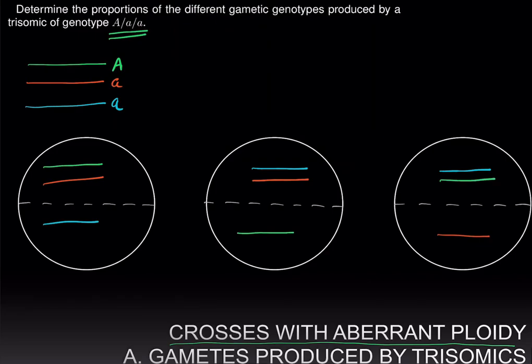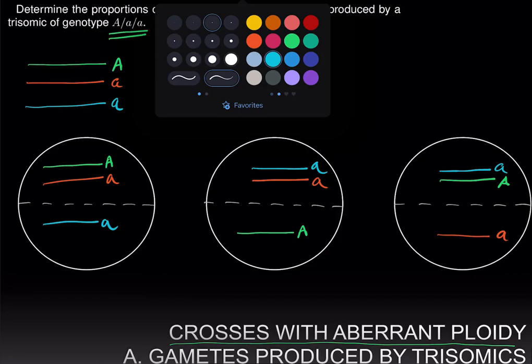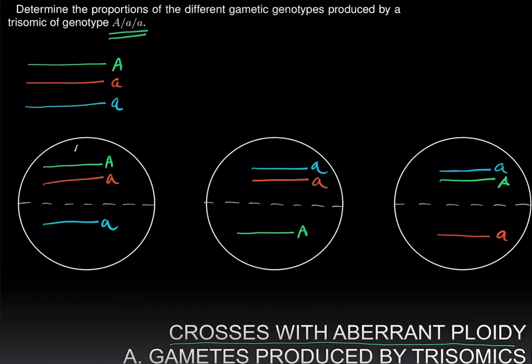Now we can go ahead and label the alleles. The greens are big A's, the orange are little a's, and the blues are also little a's, giving us the following genotypes. So here's a diploid gamete written as big A over little a. Here is a haploid gamete, so it has a genotype of little a.